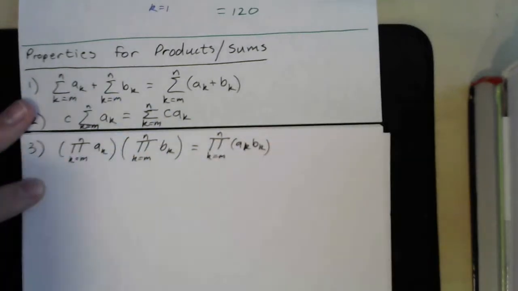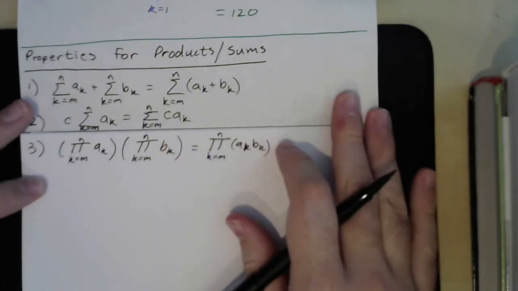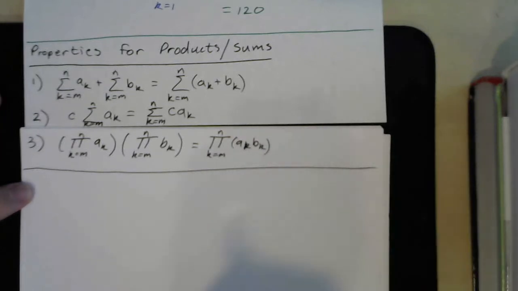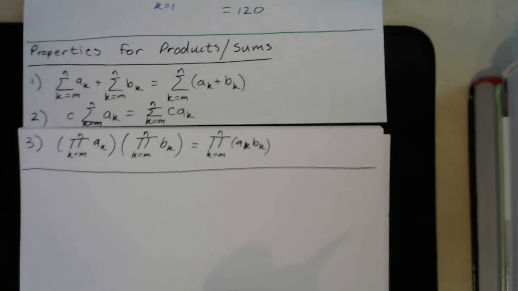Put those in parentheses. So again, these are just some properties that we'll be using when we start doing induction proofs in a couple sections. And so we want to be familiar with them.